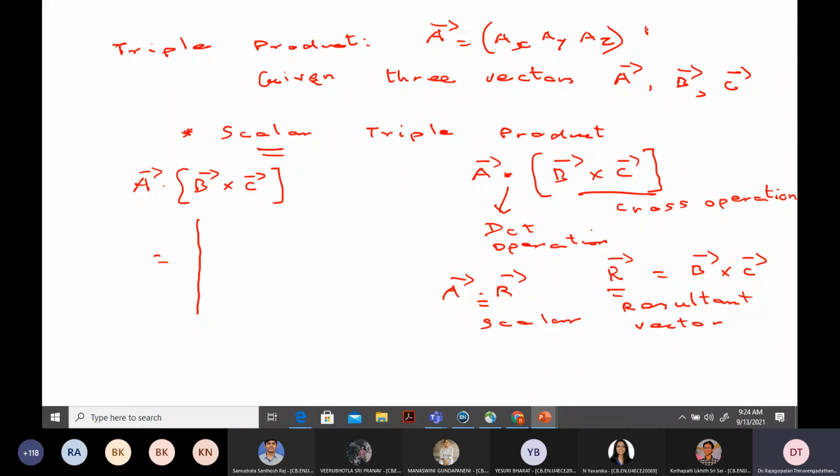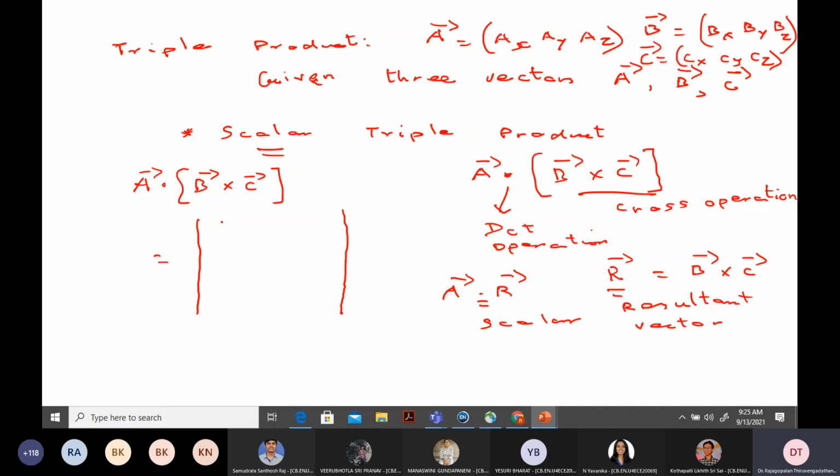Similarly, I define vector B, the components as Bx, By, Bz, and vector C as Cx, Cy, Cz, subscript. And then the determinant of this will give what is this value.